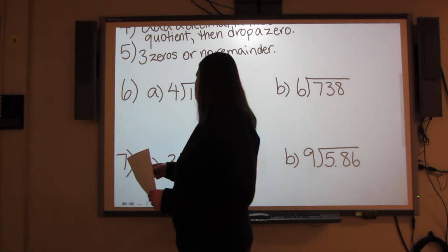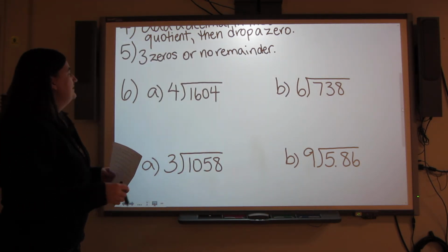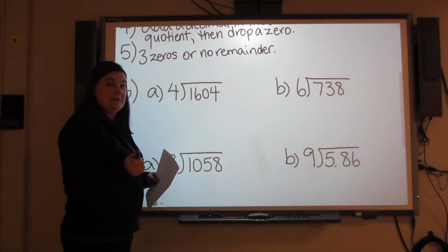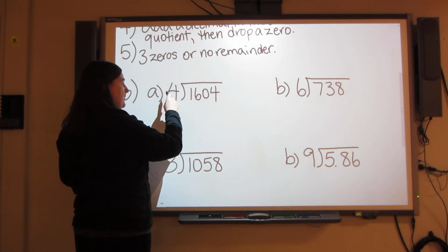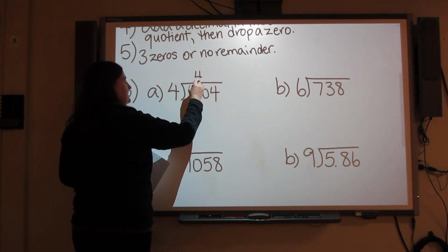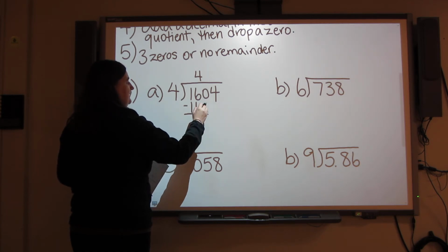6a. I don't know if I left myself enough room when I was writing these down. 4 goes into 16. Use your multiplication chart. 4 goes into 16 4 times. 4 times 4 is 16.